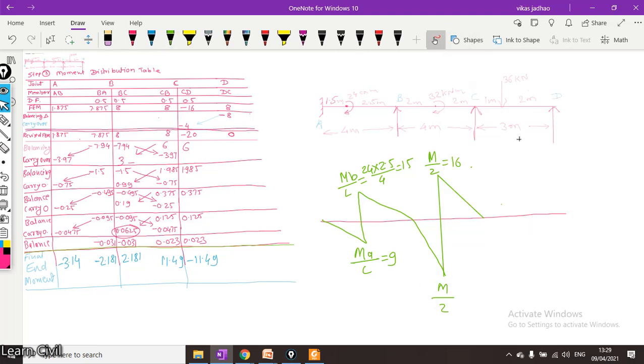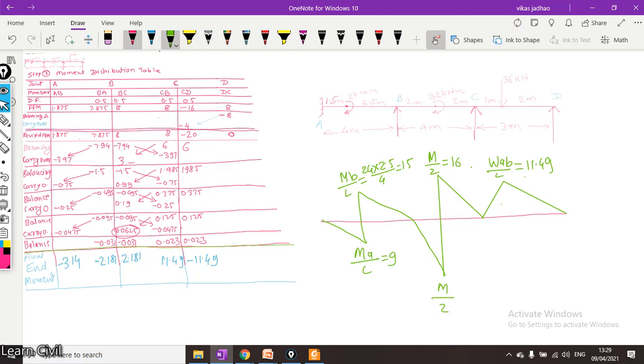Now finally we have to draw the free bending moment diagram for span CD. This will be a triangular shape, and the final bending moment value for this will be WAB divided by L, which comes out to be 11.49.